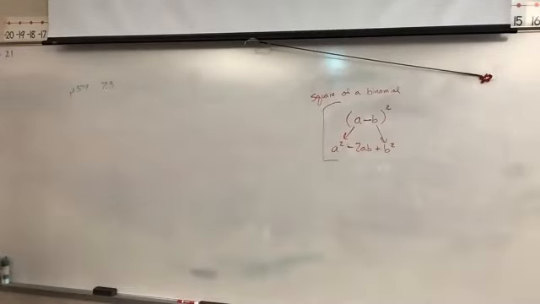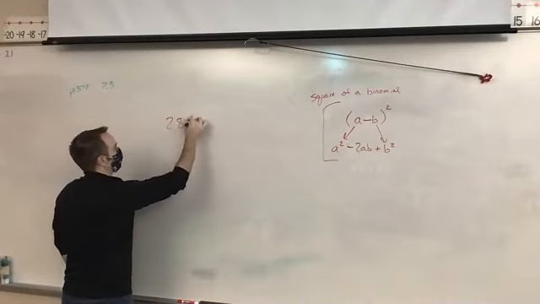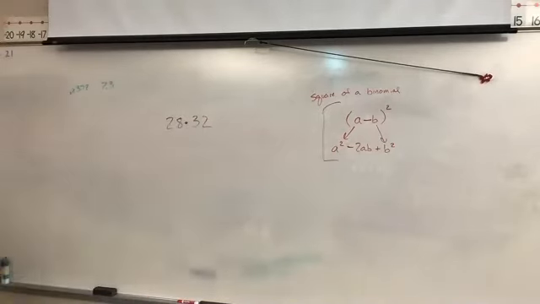All right. Put your pencils down, calculators down, everything down. We're going to solve this problem without using a calculator and without writing out the long multiplication. We're going to solve this using what we just talked about.